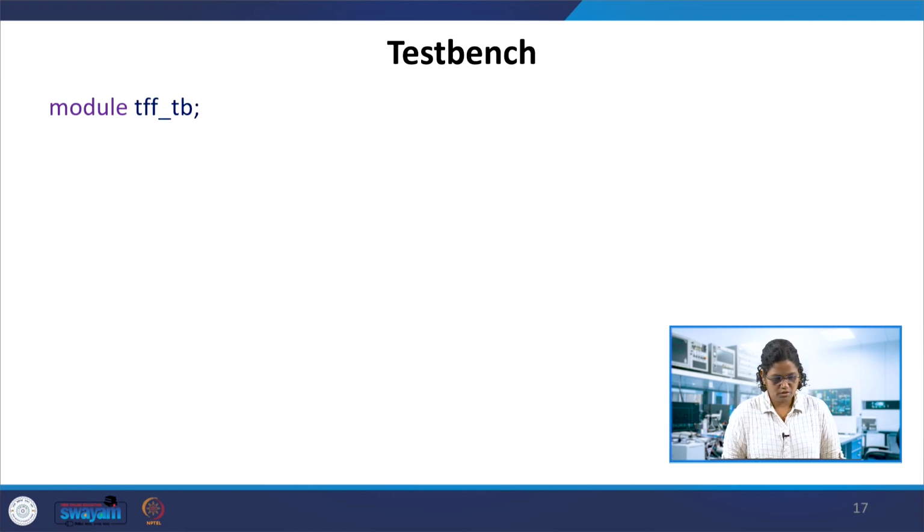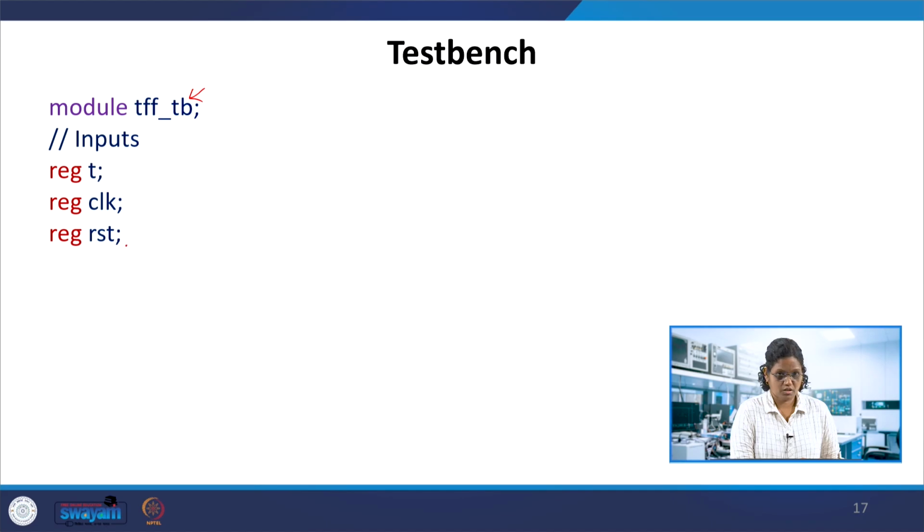Now the test bench goes to a module for the D flip-flop test bench. The inputs are reg T, which is given as input to the T flip-flop, and the clock and the asynchronous reset, which is in the D flip-flop, and the outputs are wire Q and Qn.